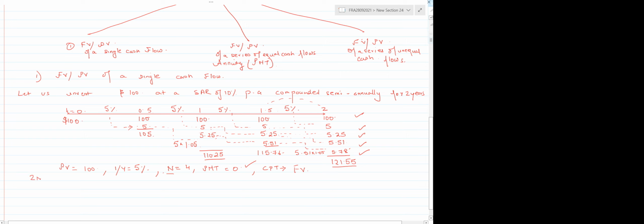Please first enter second, CPT, second, CLR WRK. Once you enter this, your memory would be cleared. This is the command to clear the memory of your calculator. After having entered this, please enter PV equal to 100, I/Y equal to 5, N equal to 4, PMT equal to 0, CPT FV. Please tell me what your answer is.